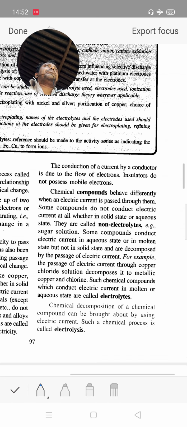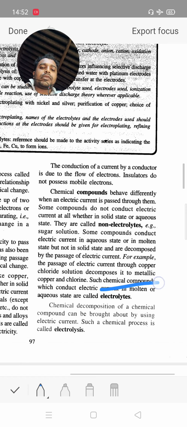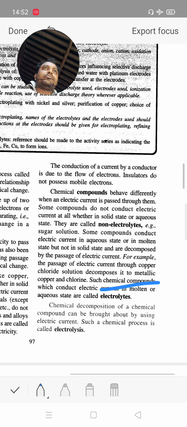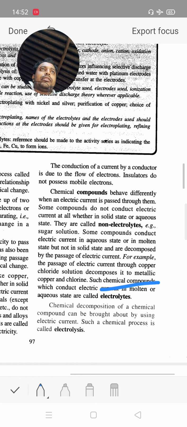Now, a chemical compound which conducts electric current when it is in a molten or aqueous state is known as an electrolyte.